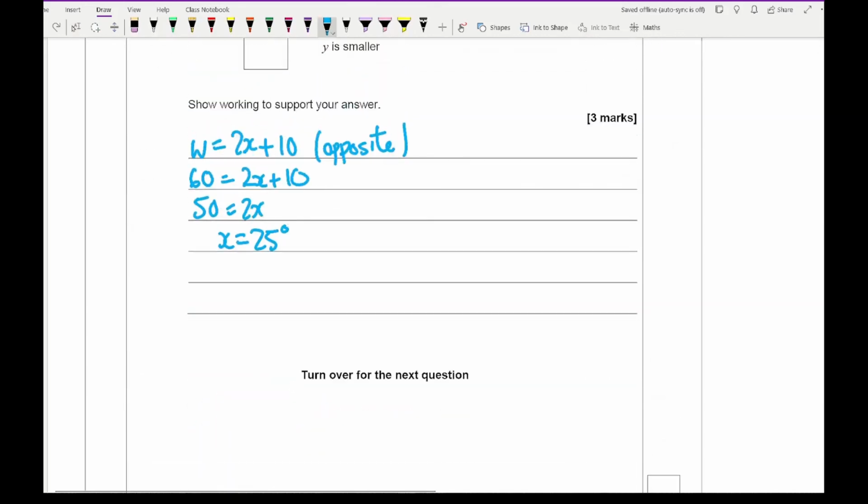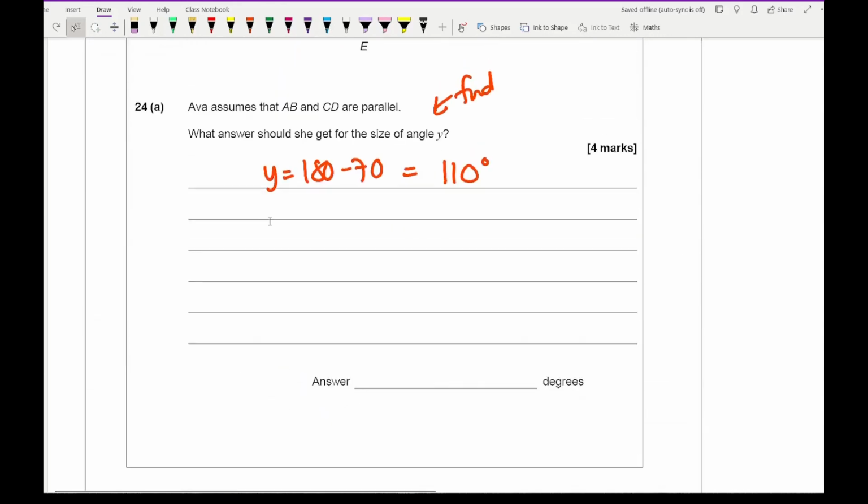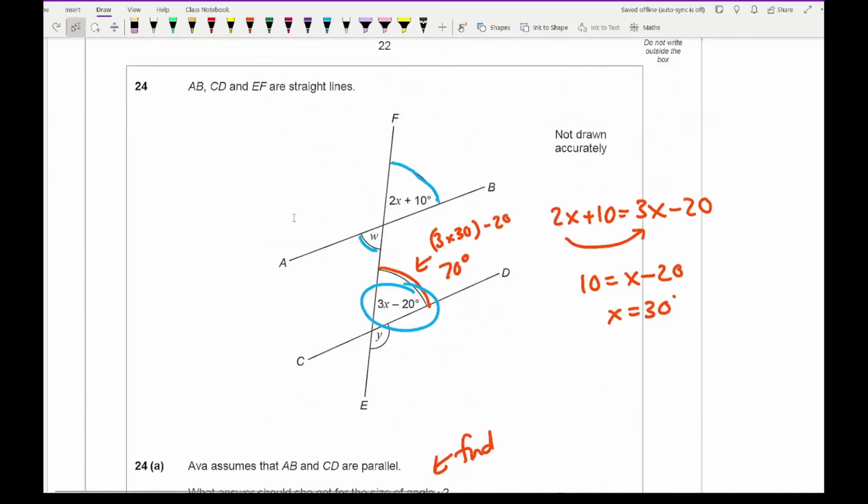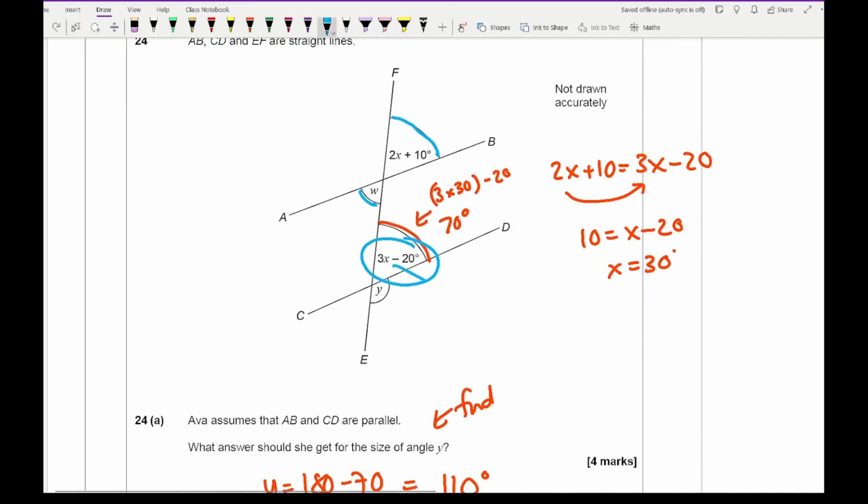So therefore 3x, and going back to what it was, minus 20 is going to equal, 75 take away 20 is 55 degrees. So if this angle here is 55 degrees, then y is going to be 180 minus 55.